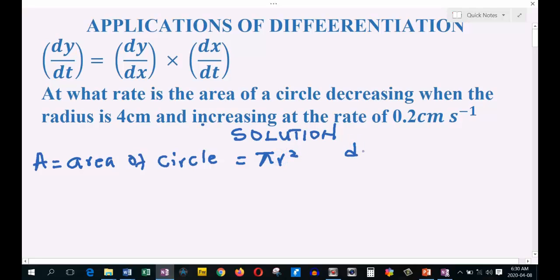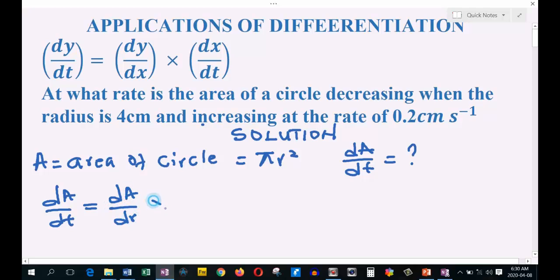Then the rate at which the area is decreasing is dA/dt, and that we do not know. But we know that our dA/dt, in the relation given above, is dA/dr times dr/dt.